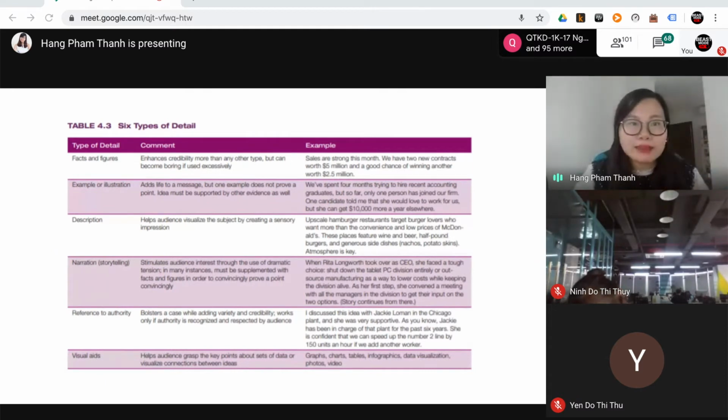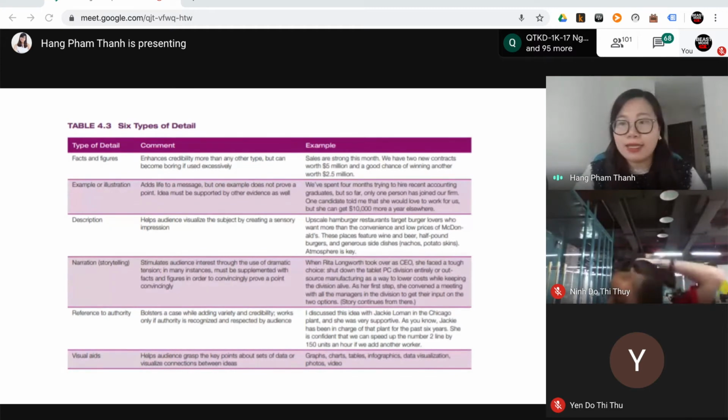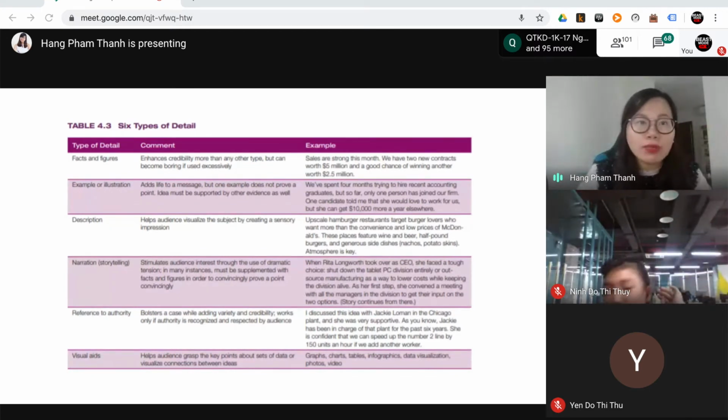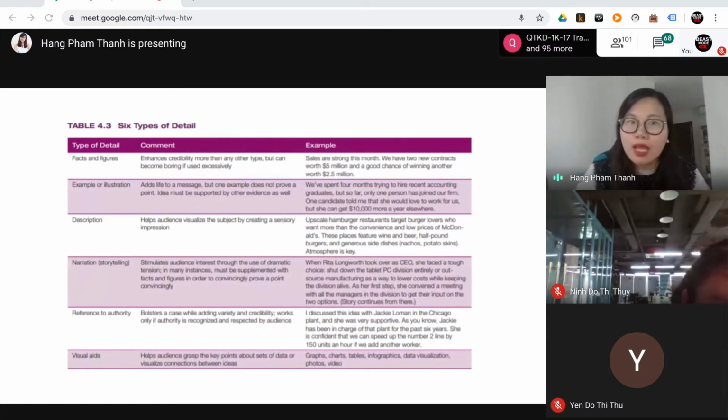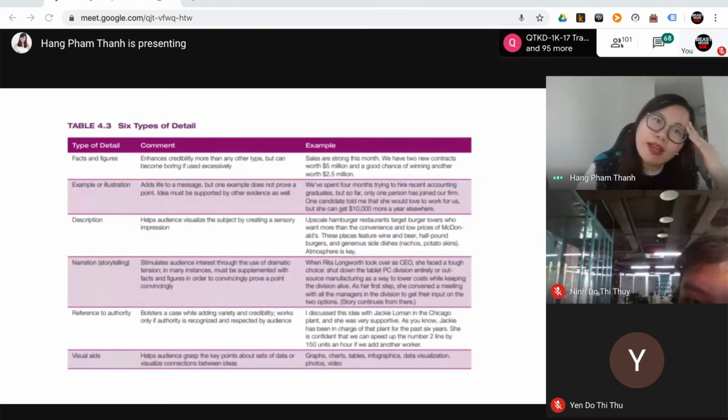For example, facts and figures, example, illustration, description, a story that you're telling, reference to authority, or visual aids. Okay, so I want you to have a closer look at home at these types of detail. So in later exercises, when you practice writing, you will find it easier to develop your ideas. Okay.